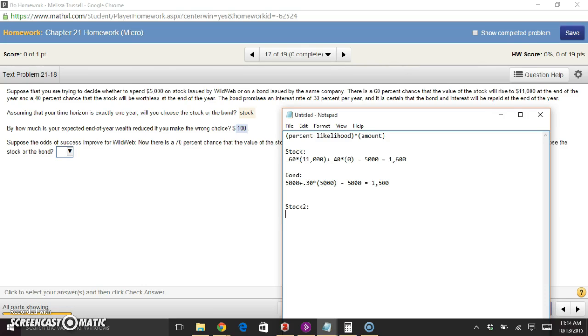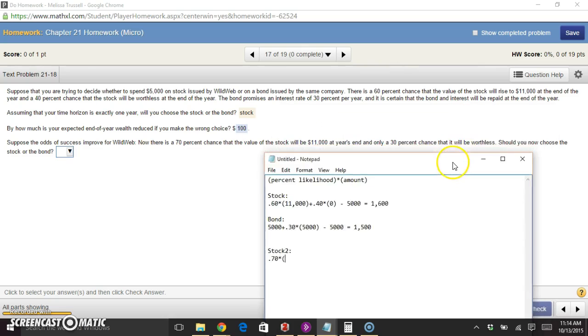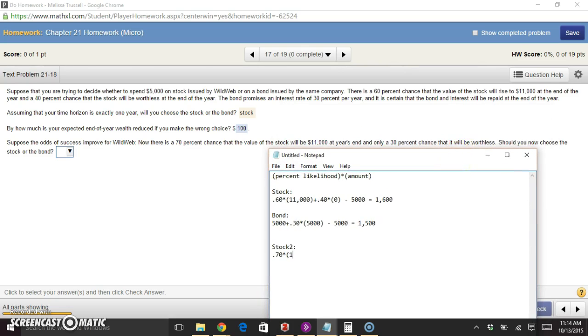So now we've got a 70% chance, 0.70 times that our value is $11,000 at the end of the year. And an only 30% chance that it's worthless, so our value is 0. And then of course we subtract back out the amount that we put in at the beginning of the year, our 5,000.